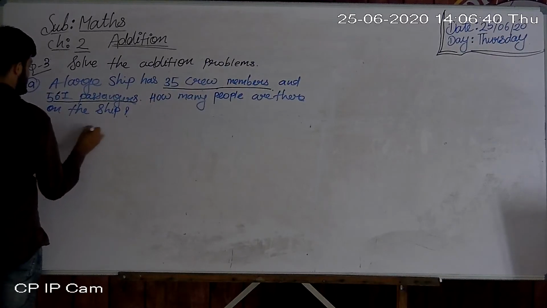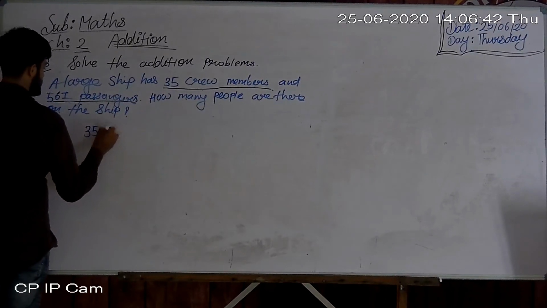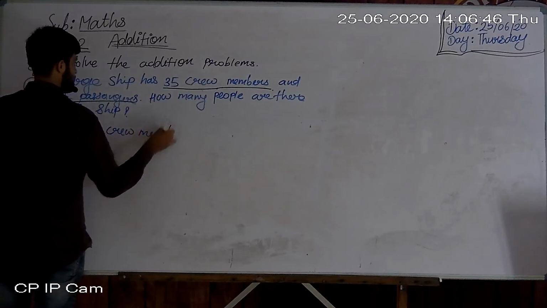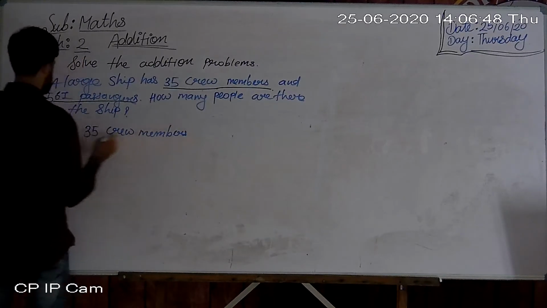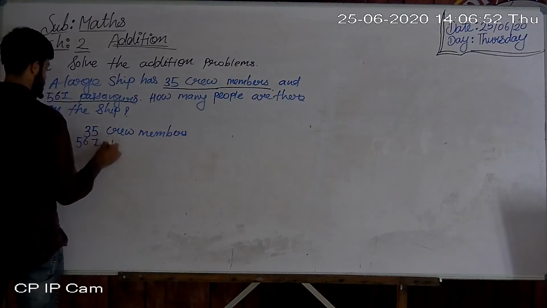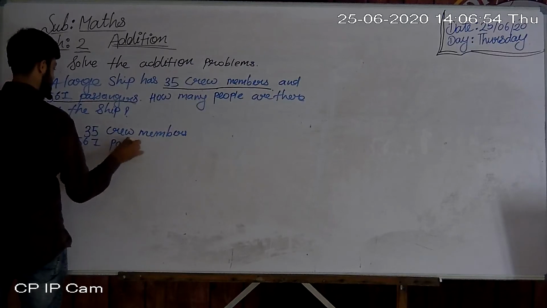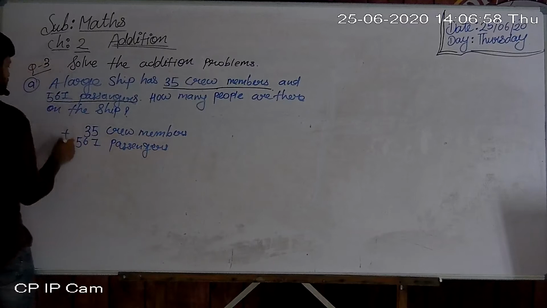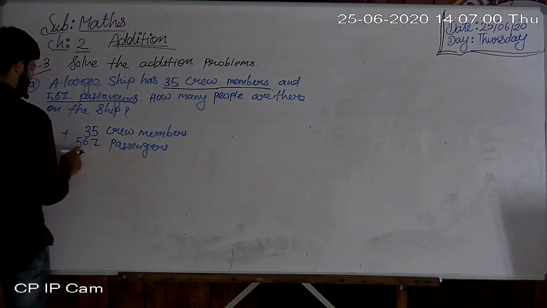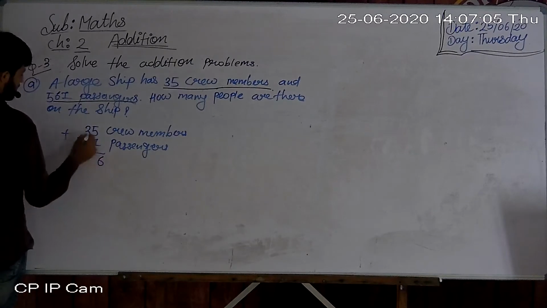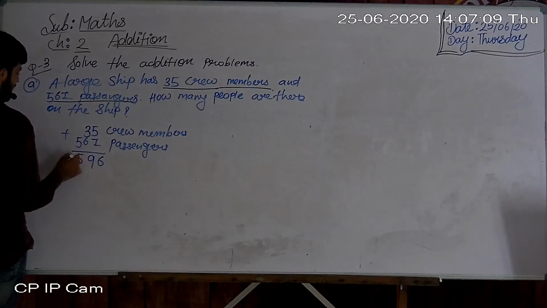So we can write here 35 crew members and 561 passengers. Okay, so 5 plus 1 is 6, 3 plus 6 is 9, 5 as it is.